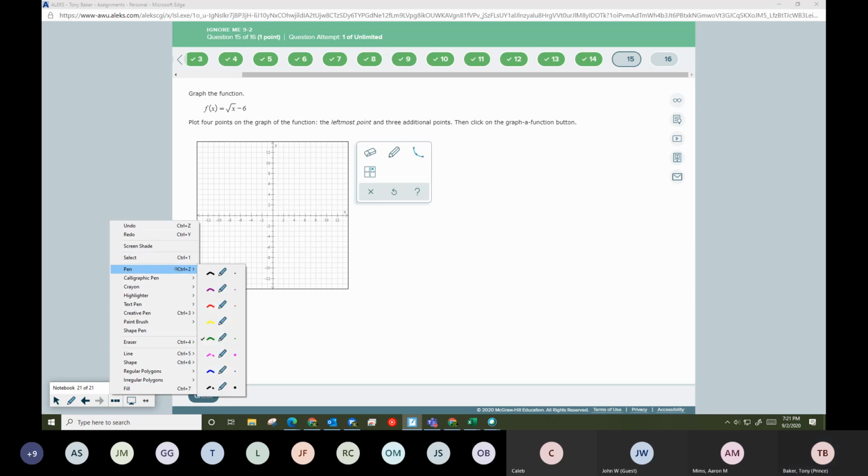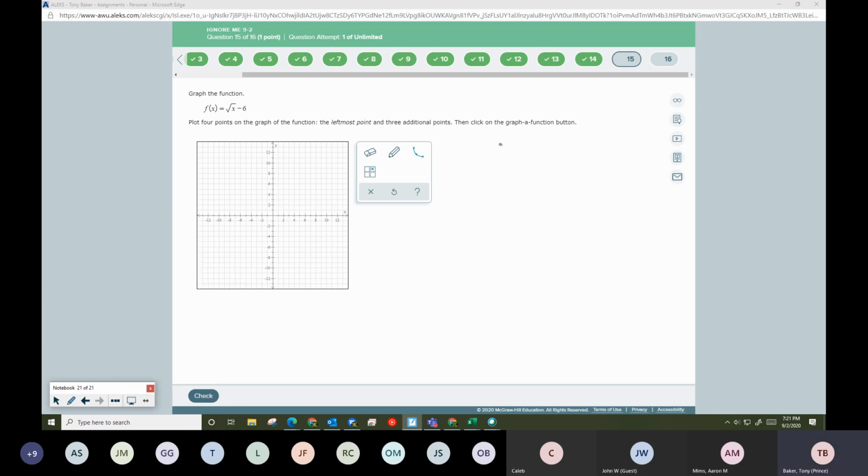So you always are going to want to start off with just looking at the square root of x. So I'm going to make my table. This is known as graphing the parent function. Since square roots have very specific numbers that give me a nice answer, I don't just want to use random numbers because I'm going to get decimals and fractions, and I don't want to do those.